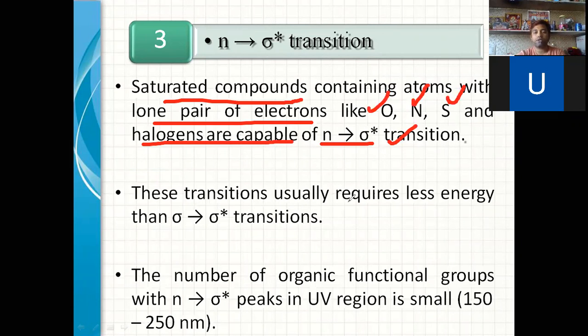These transitions usually require less energy than sigma to sigma star transitions. The number of organic functional groups with non-bonding to sigma star peaks in the UV region is small. The range is 150 to 250 nanometer. In this region, they absorb.